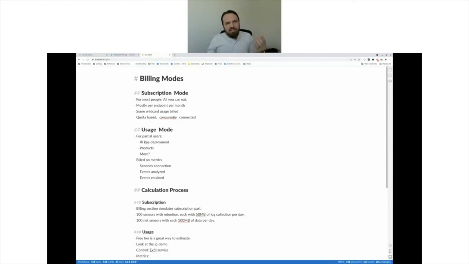So LimaCharlie usage mode brings in that other option: we have the EDR, XDR with the widest compatibility out there. You can deploy it for effectively nothing, and you pay only for the events that you need. So let's say you're doing that UEBA, or DNS and process attribution.